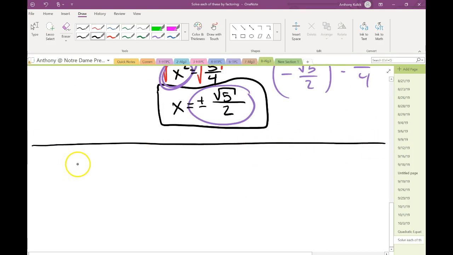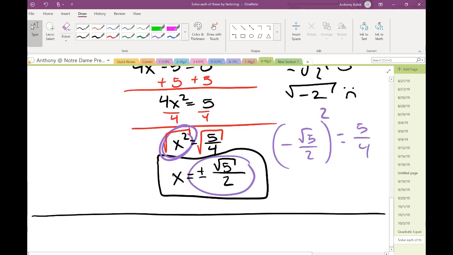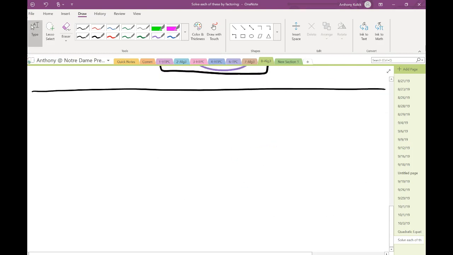So, everybody feel okay with that idea? So it's just basic, the reverse order of operations kind of solving. Nothing sneaky going on there.